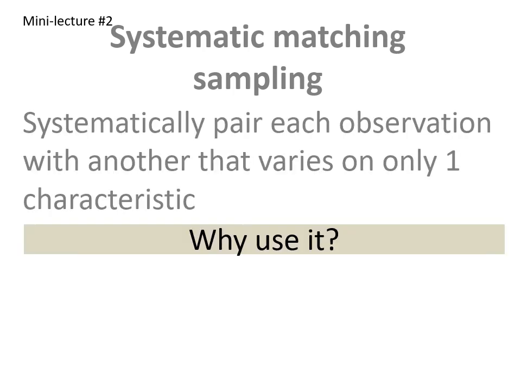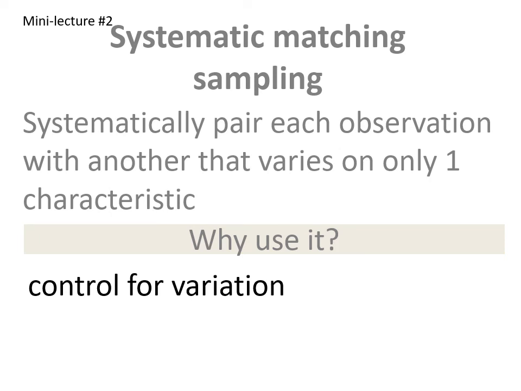And so you would use this to control for variation, because it could be that the experiences of men and women vary, or it could be the experiences of ice cream operators located in high tourist or high traffic areas differ from those in low traffic areas, right? So for this, you'd want to think about what are the factors that might be important for explaining differences in the responses that you see.